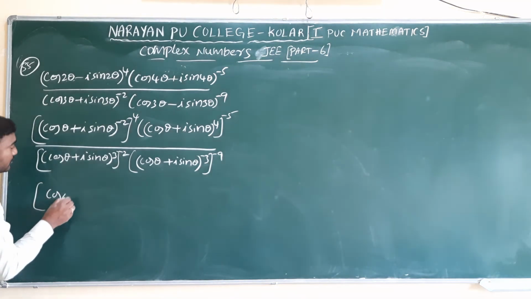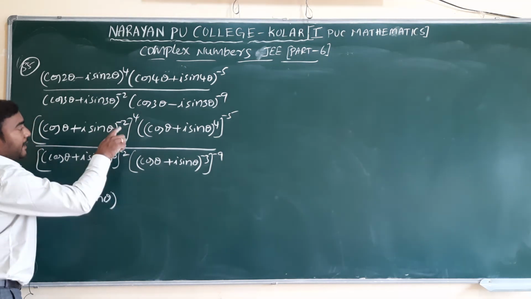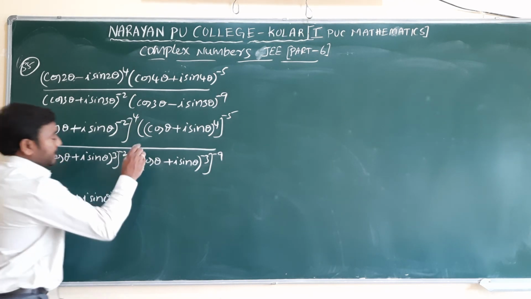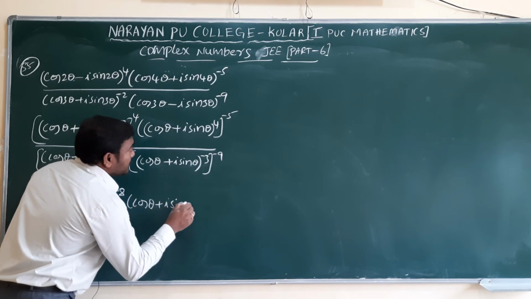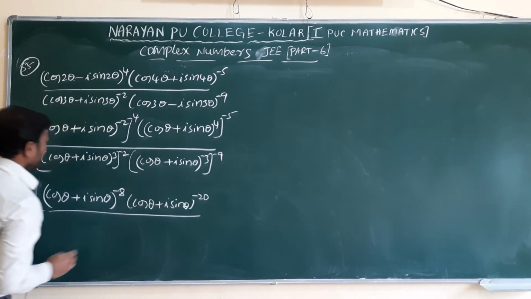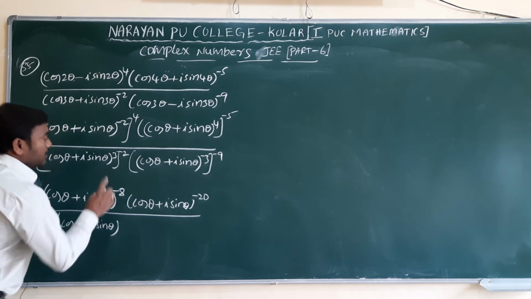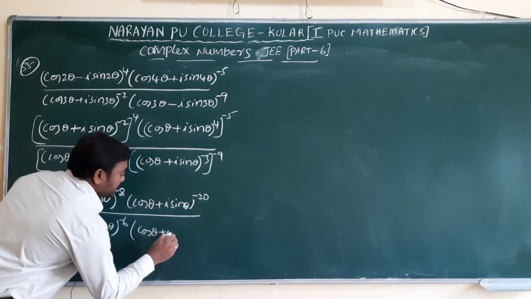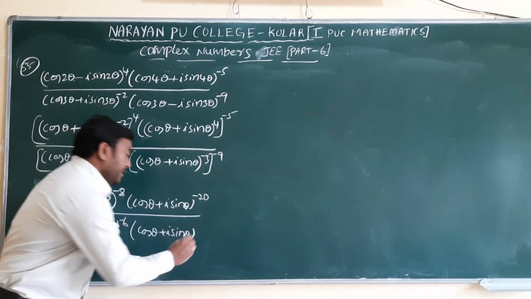Same thing only here. So what we get: minus 2 into 4, minus 8. Here (cos theta + i sin theta), so 4 into minus 5, minus 20, divided by (cos theta + i sin theta) whole power minus 6 into (cos theta + i sin theta) whole power 27, because minus 3 into minus 9 gives 27.